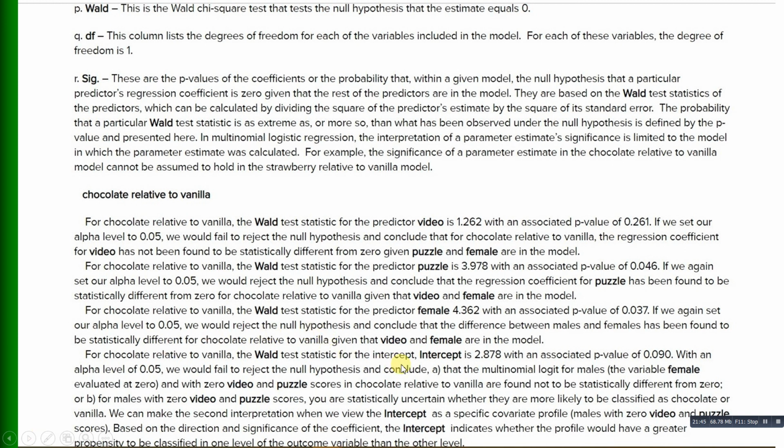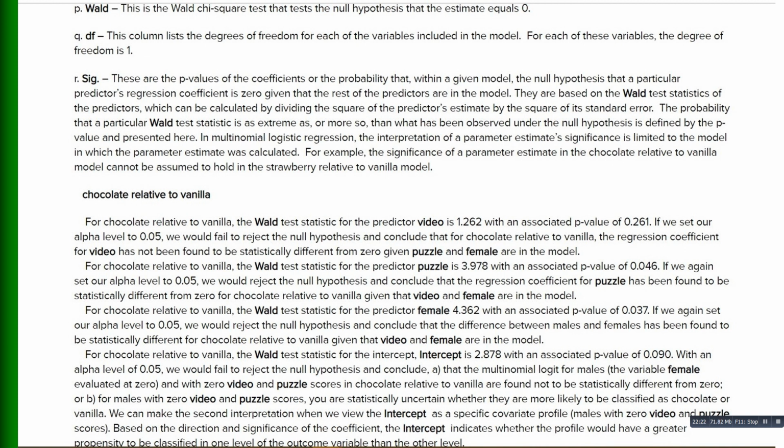With an alpha level of 0.05, we would fail to reject the null hypothesis and we will conclude A, that the multinomial logit for the males with 0 video and puzzle score in the chocolate relative to vanilla is found not to be statistically different from 0. And B, for males with 0 video and puzzle score, you are statistically uncertain whether they are more likely to be classified as chocolate or vanilla.